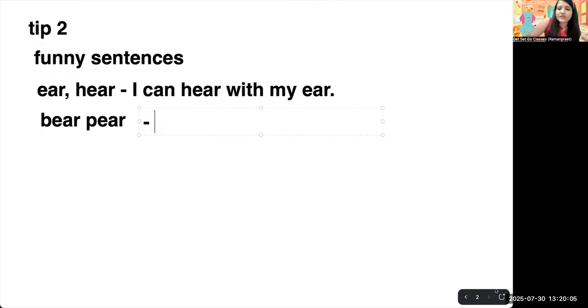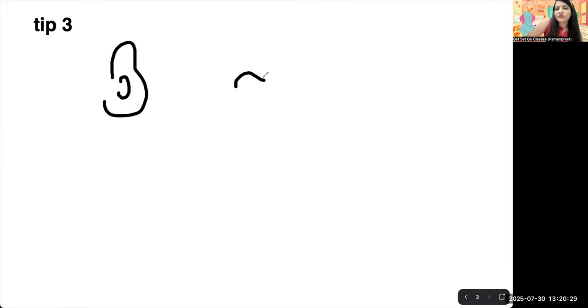Now the third tip, tip number 3, is where you can make it very easy for them. You can give them some handful of words after you've already done the introduction part. You can draw an ear over here. Okay. And then you can draw the air probably. Okay, so air. And here you can draw a girl.